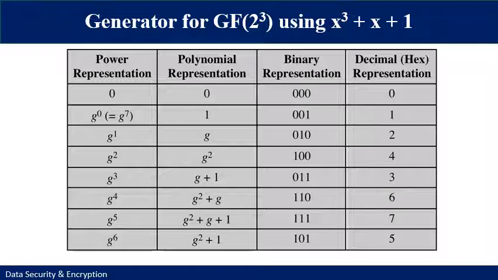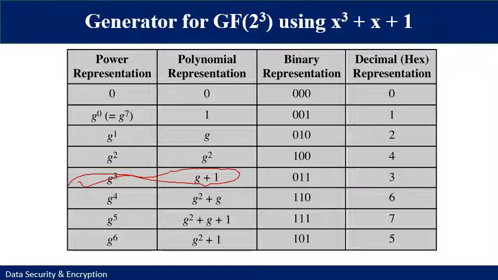Rather, deal only with the polynomial arithmetic, in which the arithmetic of the coefficients is performed modulo 2. Therefore, the solution of the preceding equality is g cubed equals g plus 1. So we can show that g in fact generates all the polynomials of degree less than 3.